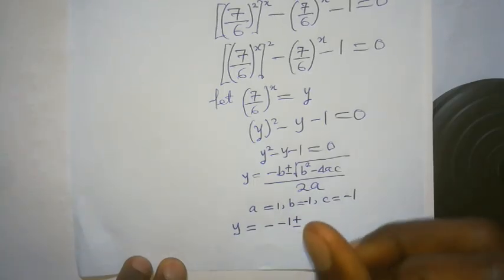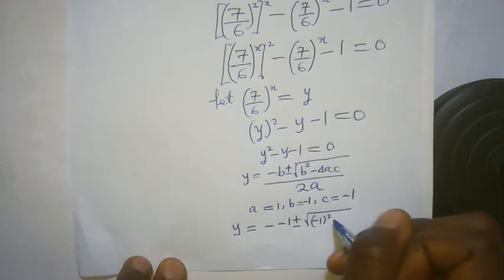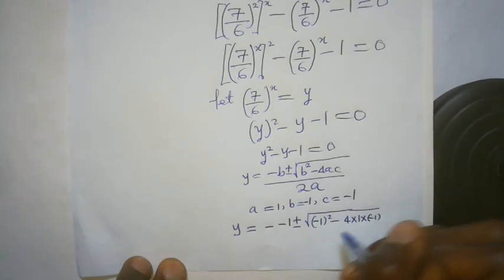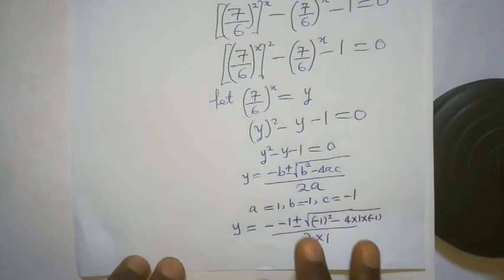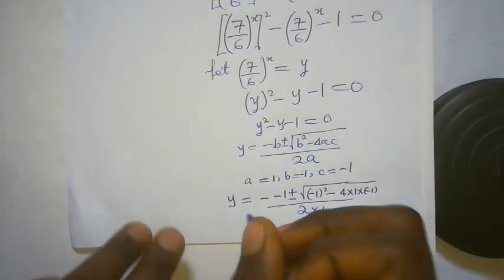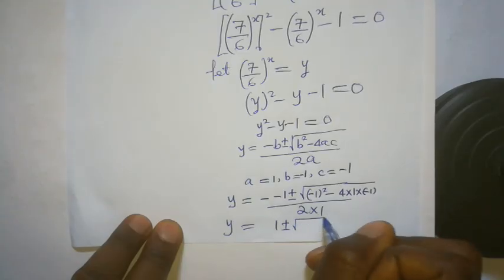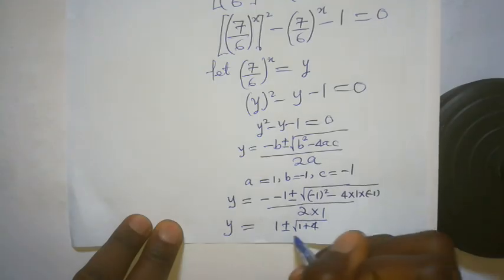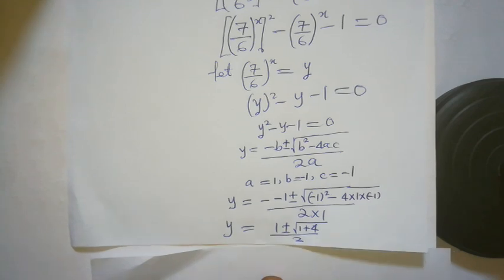So inputting into the general formula, we have y equals minus of minus 1, plus or minus the square root of minus 1 squared, minus 4 times a, which is 1, times c, which is minus 1, all over 2 times 1. So we have y equals 1 plus or minus the square root of 1, minus times minus is plus 4, all over 2.